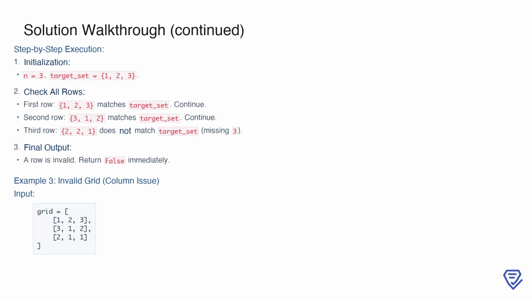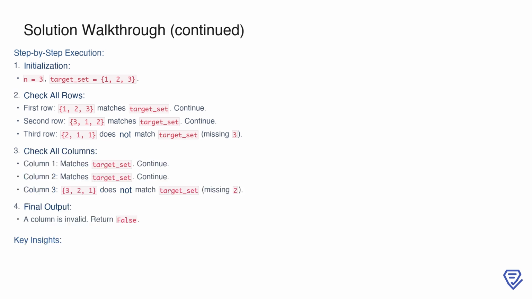However, the third row results in the set 2, 2, 1. Here, the number 3 is missing, and there's a duplicate value instead. This makes the row invalid. Since we've already identified an issue, there's no need to check the columns. The function immediately returns false, as the grid fails the validation due to the problematic row.